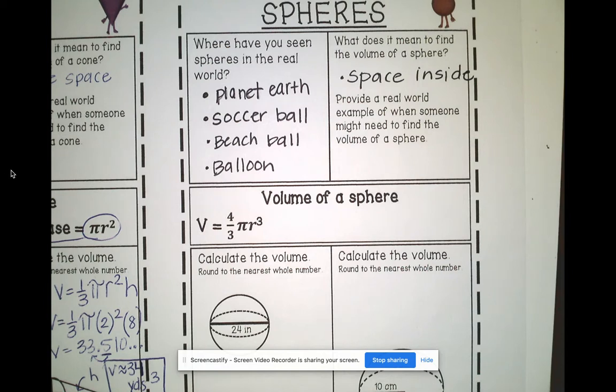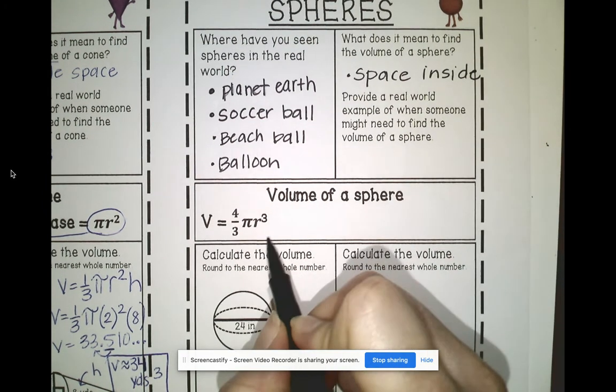How much air do we need to put in a balloon? A real world example: when you fill up a water balloon, you want to fill it to its max capacity without it popping.